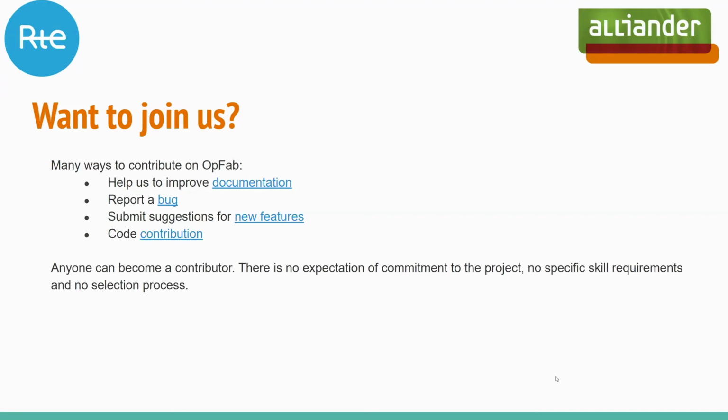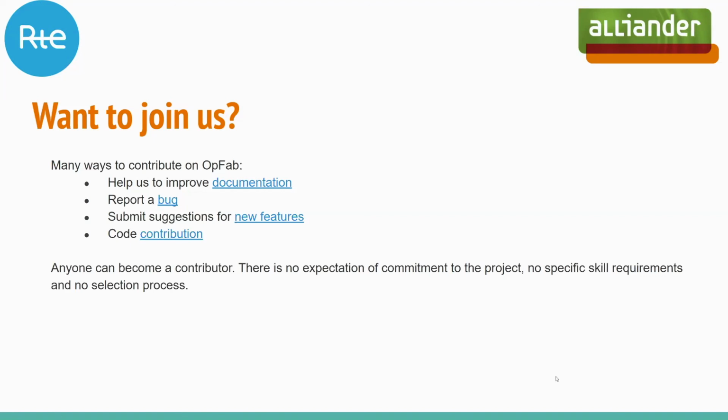You can report bugs. At the project level, we have implemented tests at several levels to ensure good code quality. We have unit tests, API tests, end-to-end tests, and so on. But there is no bug-free software, you know it. So if you come across any bug, you can open an issue on GitHub.